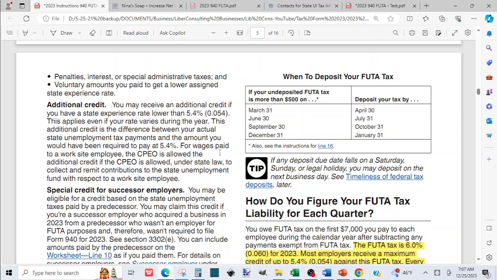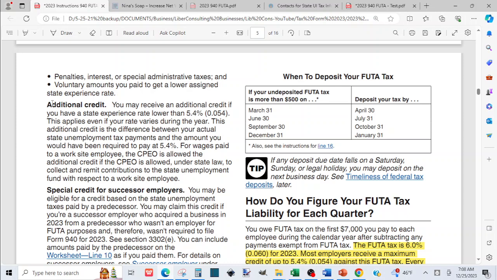For wages paid to a work site employee, the CPEO is allowed the additional credit if the CPEO is allowed under state law to collect and remit contributions to the state unemployment fund with respect to the work site employee.